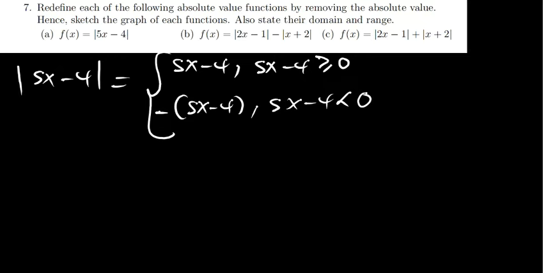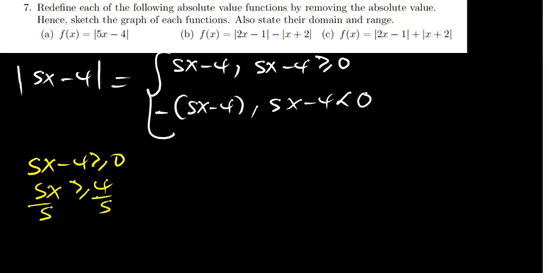Then now what I have to do is solve for x for these two conditions. I'm going to have 5x minus 4 is greater than or equal to 0. 5x greater than or equal to 4, I'll shift 4 to the other side. I'll divide by 5, so my x will be greater than or equal to 4 over 5.